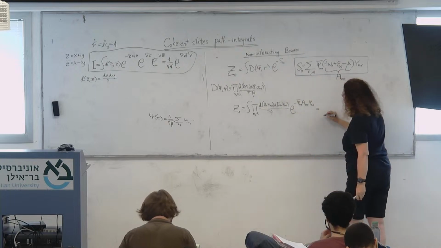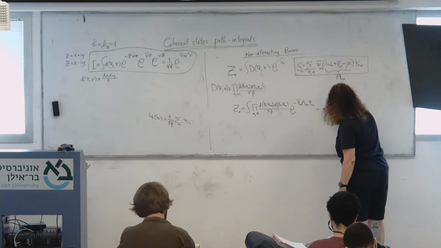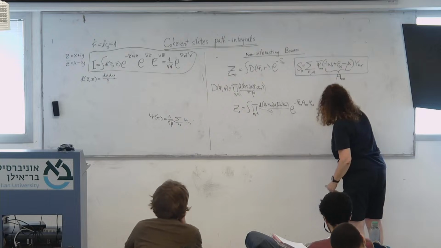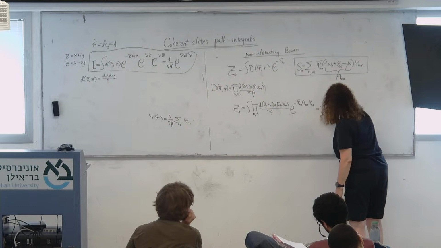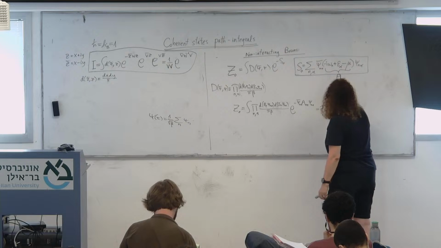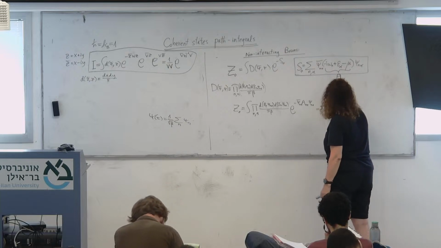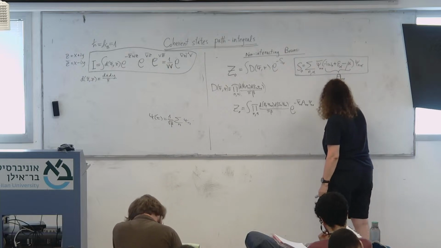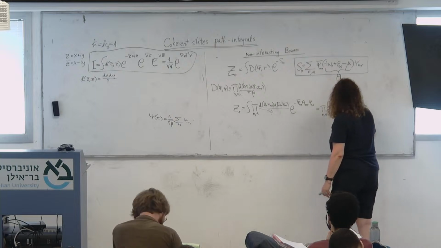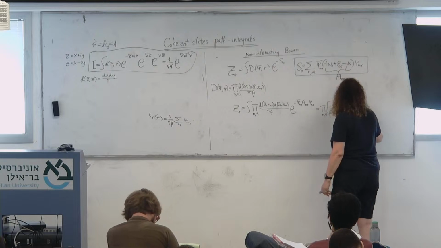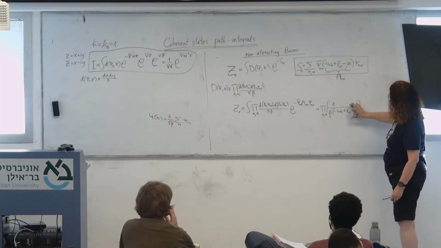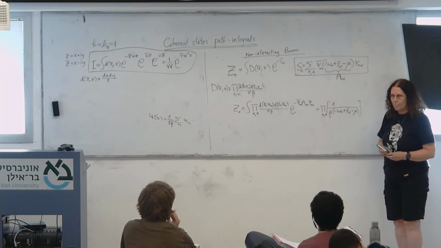So it's going to be just the product over all the n's and all the alphas of 1 over a times beta, so it's minus i omega n plus epsilon alpha minus mu. And we just multiply this. It's a product of these things.